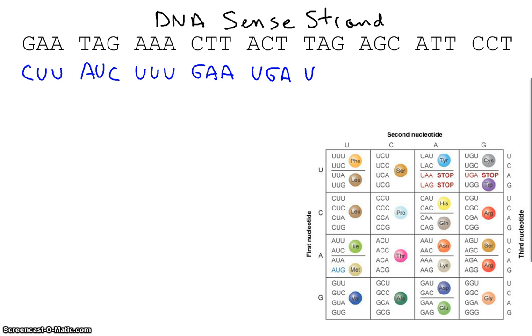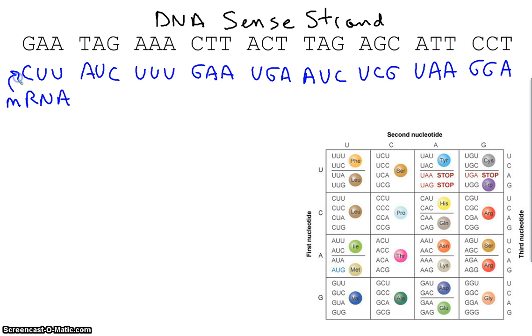So T becomes A, see, this is where you have to be careful. T becomes A, A becomes U, C becomes G, A should become T, but it's going to become U, C, G, A becomes U, T becomes A, G, A. So this now is our mRNA.